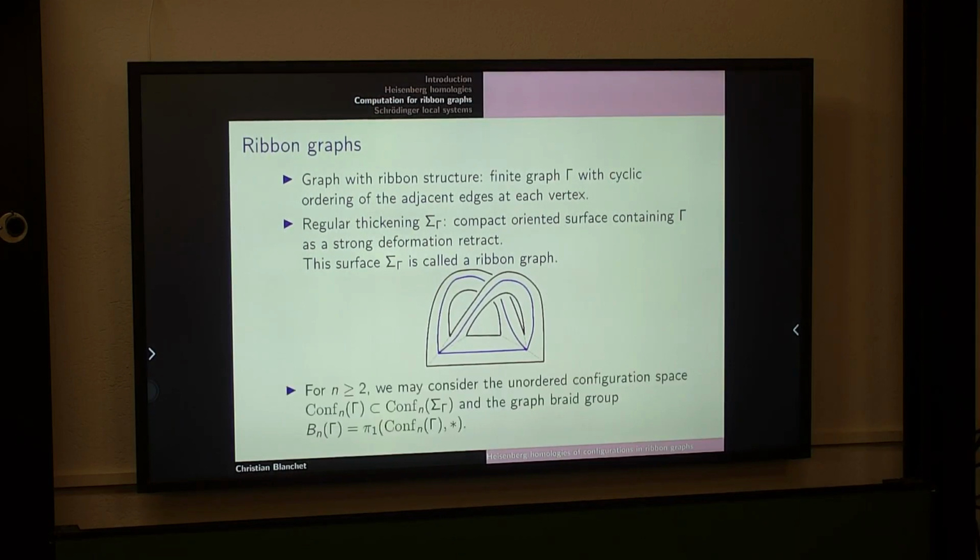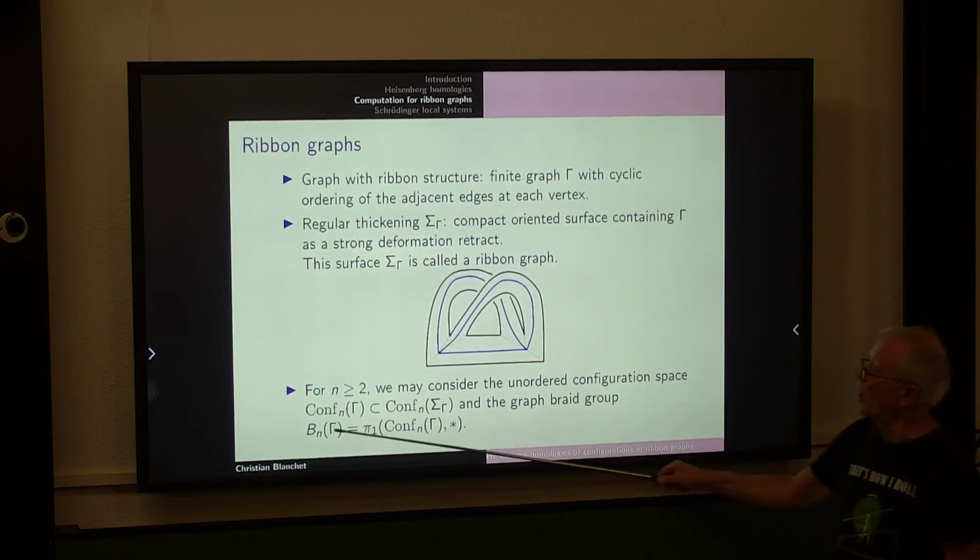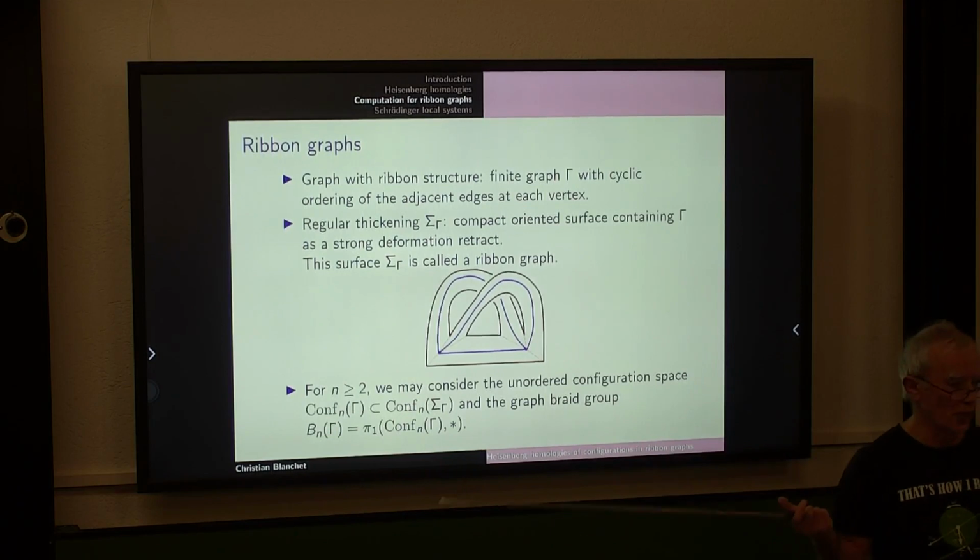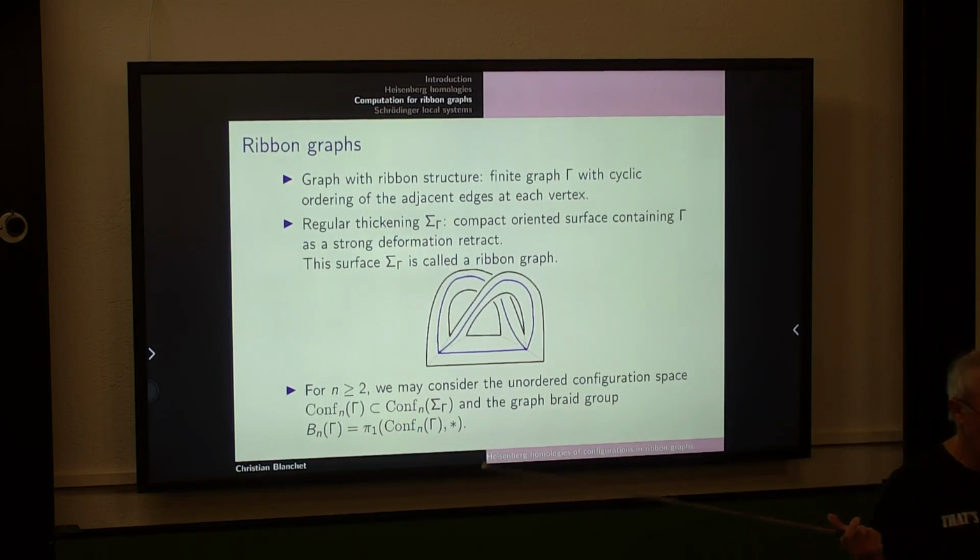Okay. So now we may consider the unordered configuration space of the graph as a subspace in the surface, with the previous local system. And we also have a graph braid group, which comes with a natural inclusion map to the surface braid group.